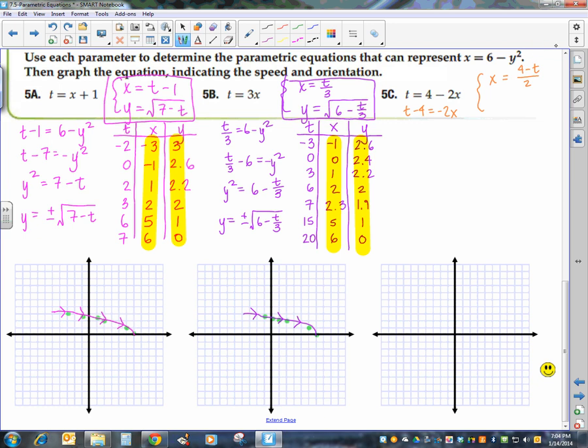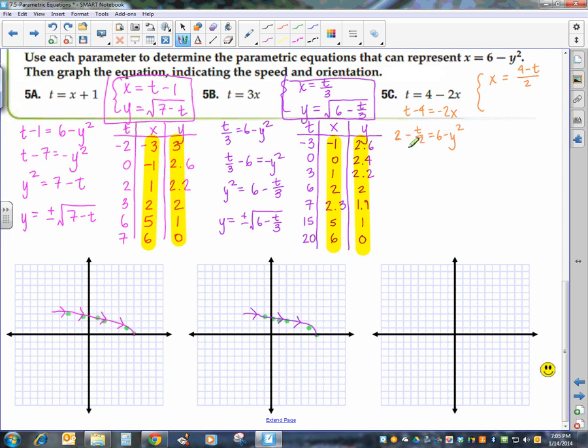So I'm going to take that and plug it in here. That's going to give me, I'm going to actually split that apart, so let's go with 4 over 2 minus t over 2 equals 6 minus y squared. And I am trying to solve that for y.